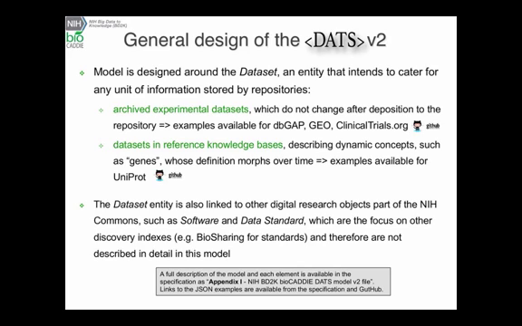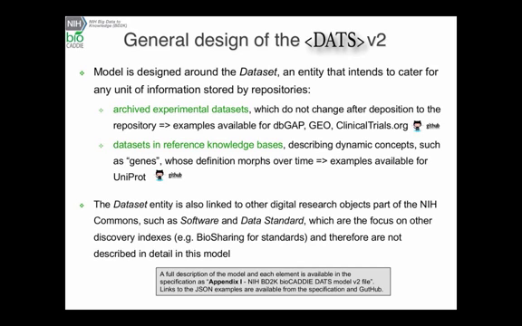But we also covered datasets in reference knowledge databases, which describe concepts such as genes, whose definition morphs over time. And in the GitHub, you are going to find a DATS file describing a UniProt dataset for this case.